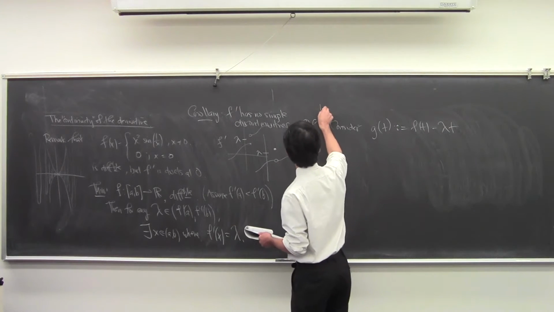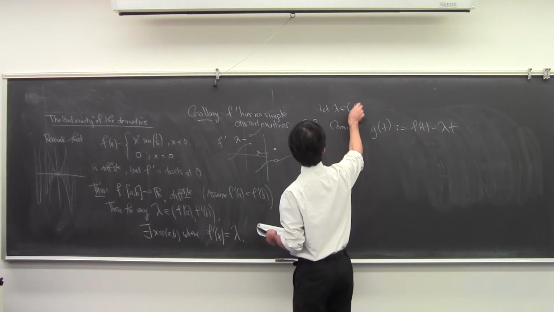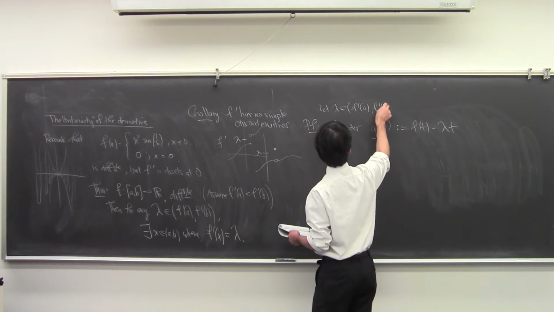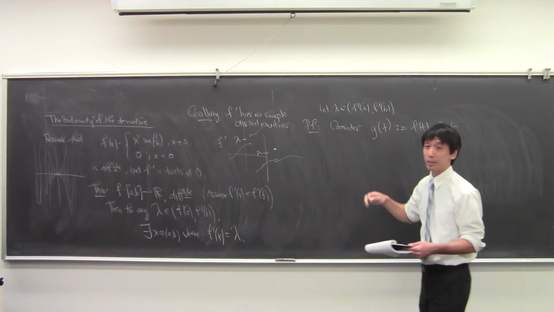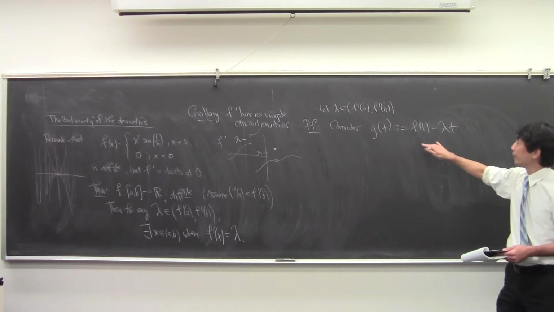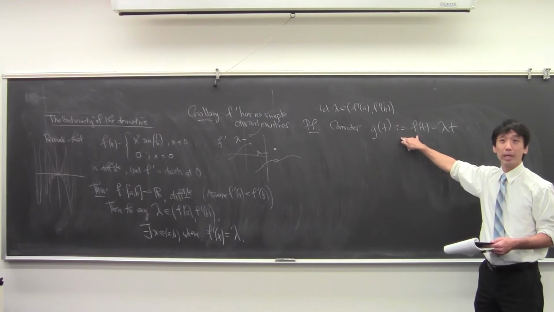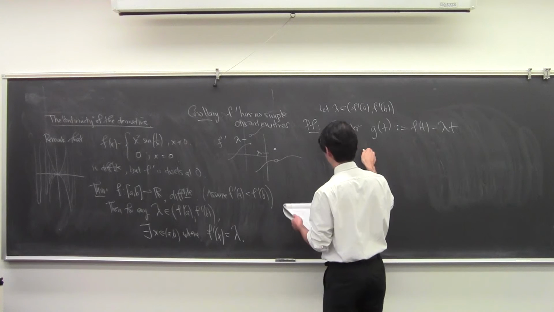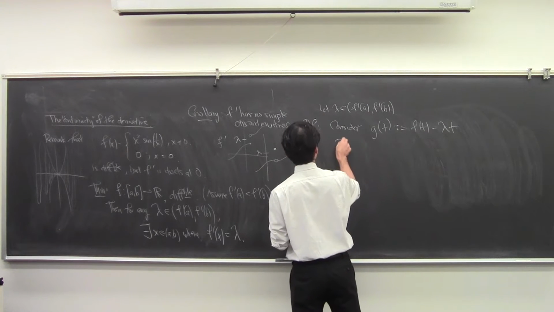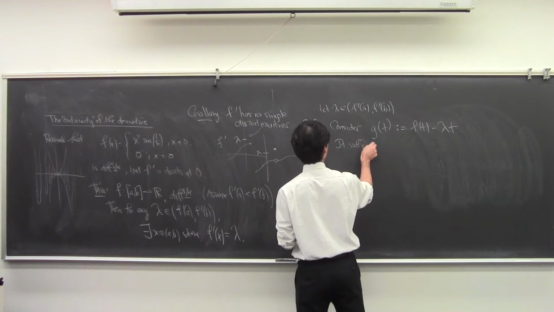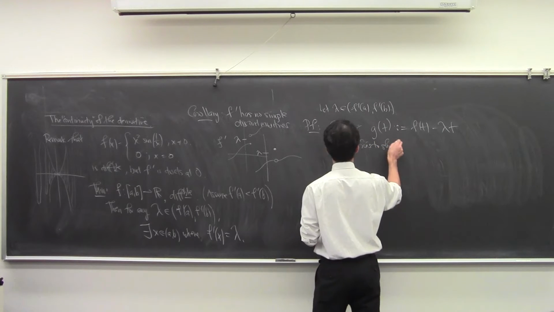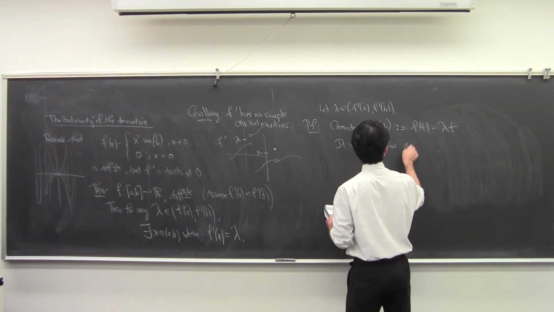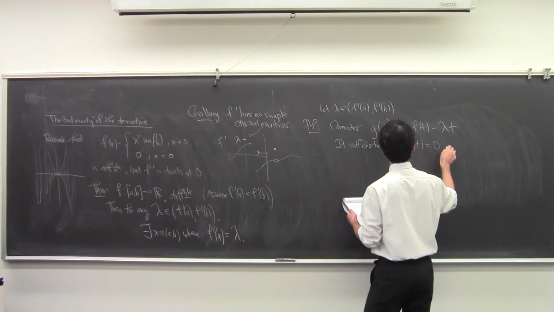So let lambda be in (f prime a, f prime b), right? Lambda is the intermediary value, and let's create this function here, right? And we're hoping, right, it suffices to show that g prime is 0 somewhere.